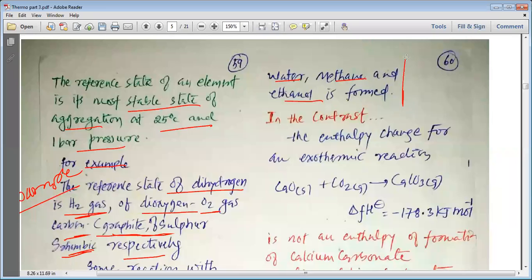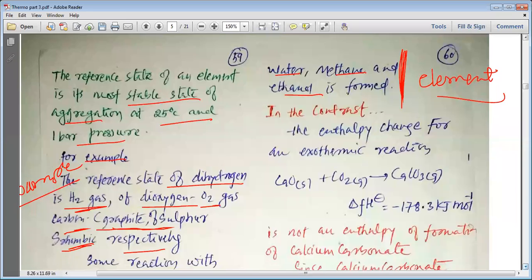Please remember, my dear students, that the substances should be produced directly from their elements. So it is very necessary that during formation the substance should be produced from its elements.